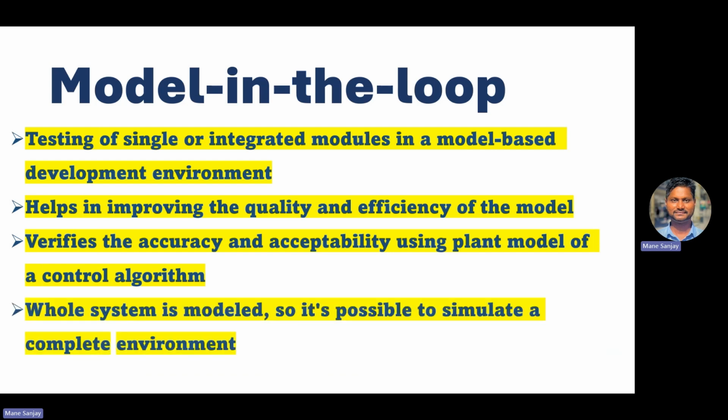Here we model the entire system. So it's possible to simulate a complete environment where you can talk about the vehicle or any product, in order to test the complete behavior of the system before prototyping or manufacturing that entire function for the validation.